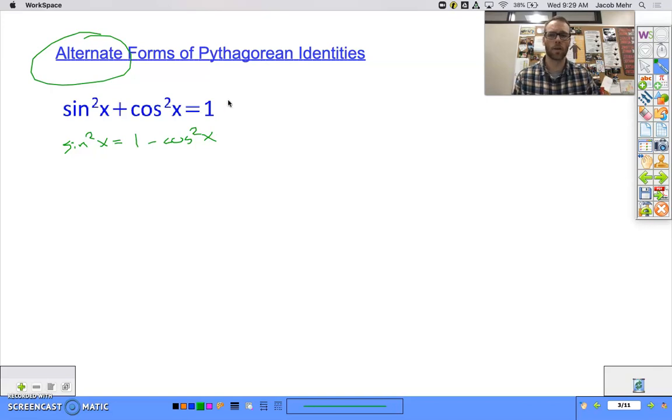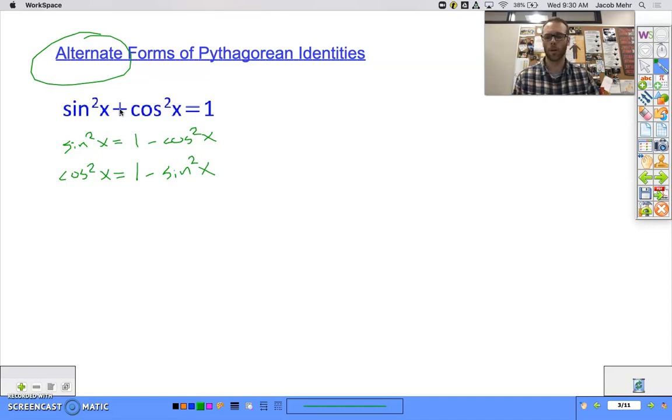All I did is subtract cosine squared on both sides, and we get that identity. We also have the cosine squared equals 1 minus the sine squared. Okay? If I take our original Pythagorean identity and I subtract sine squared on both sides, I get this. So these are two alternate forms of that Pythagorean identity, and these are very useful too because we don't always see them show up quite like this.